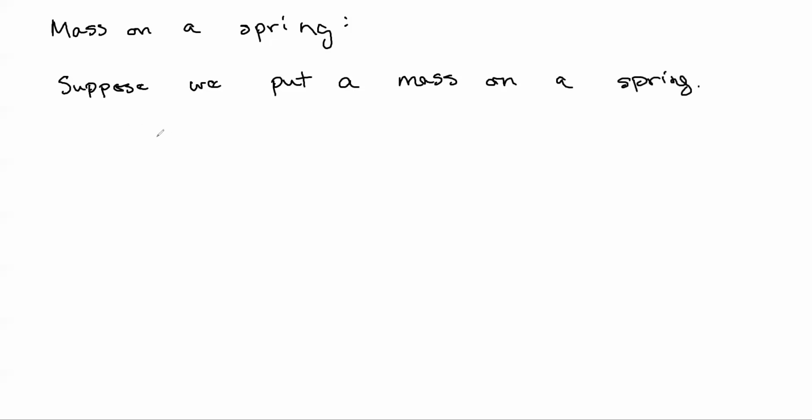To start off with, we have our spring. You could consider this to be the rest position. It's L units, lowercase l units long. We go ahead and put the mass on it, and it stretches out.